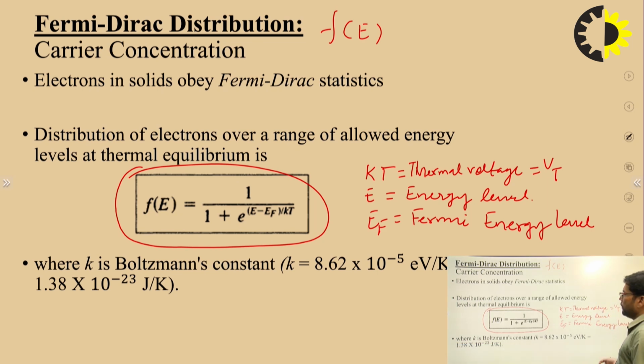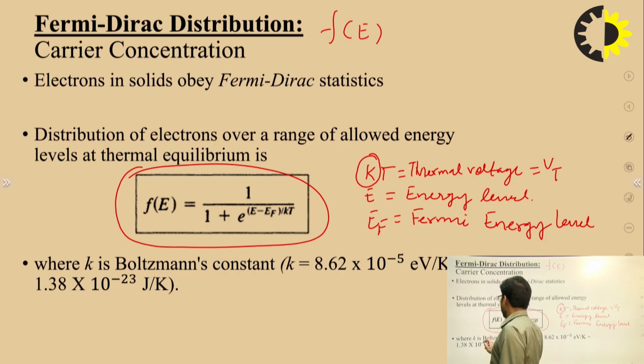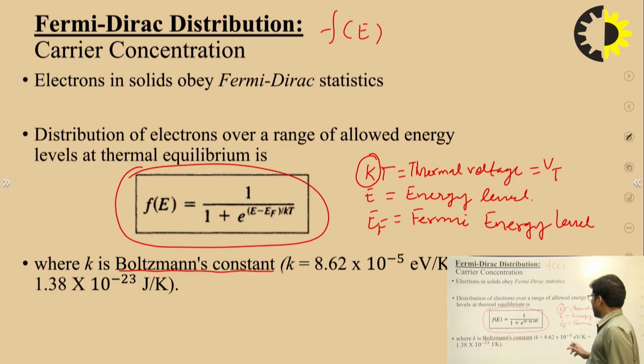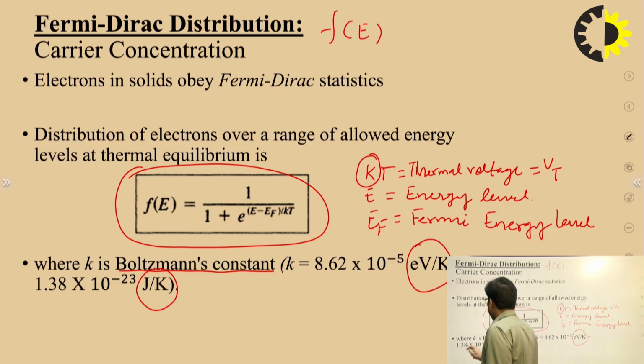We also have a constant, that is K. This constant is known as the Boltzmann constant, as you are all aware. The value of the Boltzmann constant is 8.62 into 10 to the power minus 5 for the unit of electron volt per Kelvin, while for joule per Kelvin it has the value of 1.38 into 10 to the power minus 23.